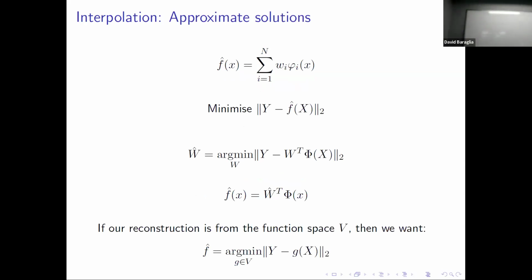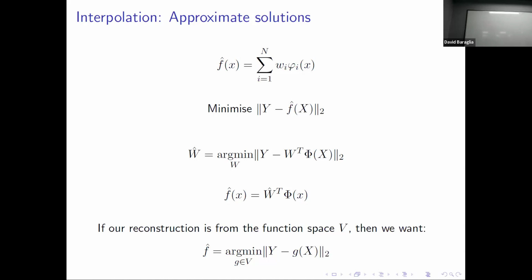So now, instead of trying to go through all the sample points exactly, we want to at least minimize the distance to the sample points. That's what y minus f hat of x is, the distance to those sample values. And we take the mean squared error, or equivalently the L2 distance, and we try to minimize that. So on the third line here, w hat equals argmin.